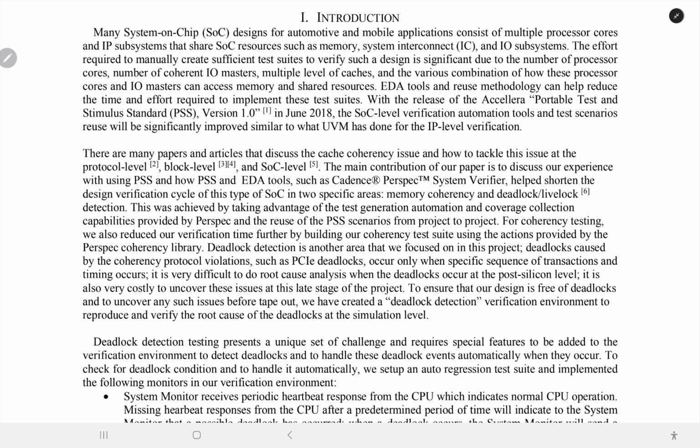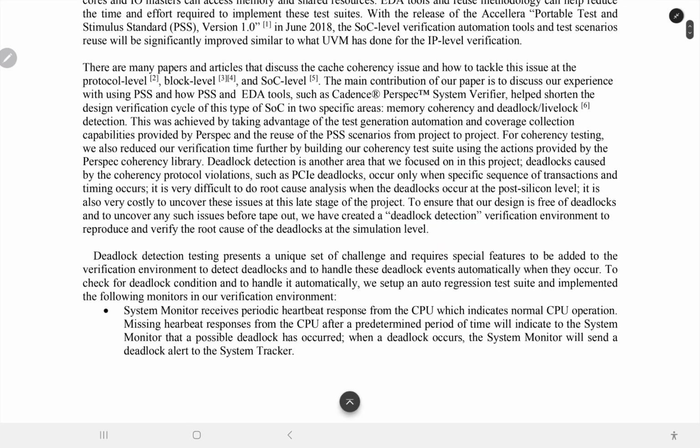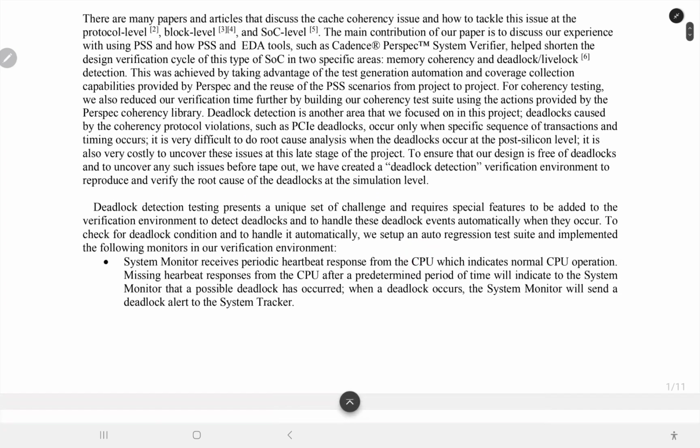It is difficult to do root cause analysis when deadlocks occur at the post-silicon level, and it is also very costly to uncover these issues at this late stage of the project. To ensure that our design is free of deadlocks and to uncover any such issues before tape-out, we created a deadlock detection verification environment to find the root cause of deadlocks at the simulation level.